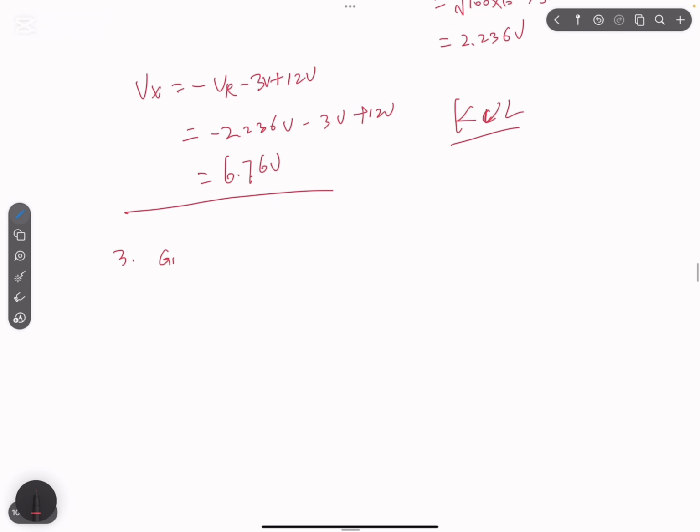Number 3, we have a given circuit and we solve for the unknowns. So let's say we have a circuit like this.